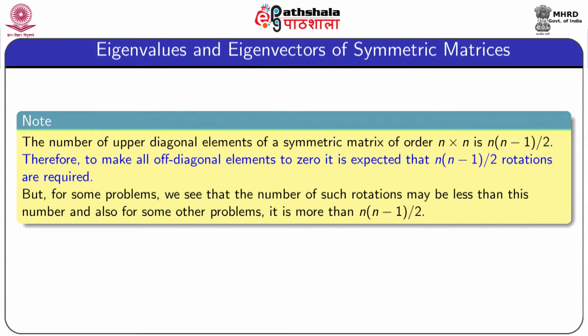But for some problems, we see that the number of such rotations may be less than this number, and for some other problems this number is more than n into n minus 1 by 2, that means more than the expected number of rotations.